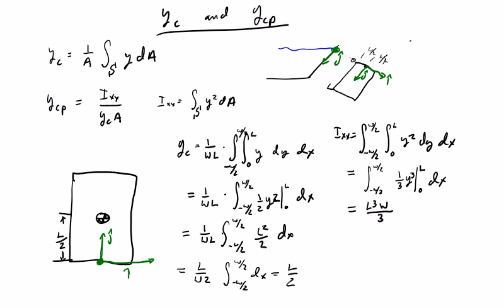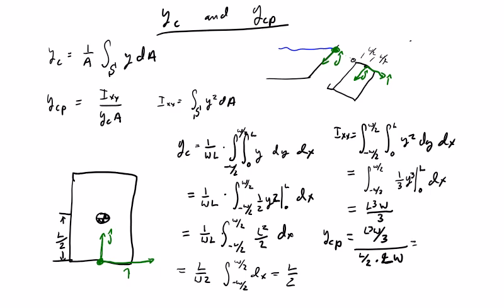Okay? And now I'm going to say, what is YCP? Well, it is IXX, so L cubed w over 3, over YC, L over 2, times the area, L w. Let's do a little bit of math here. What do we get?